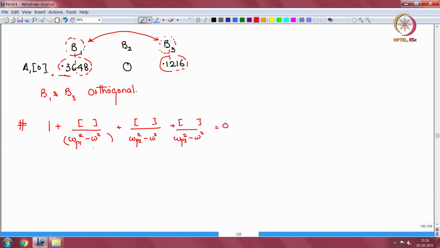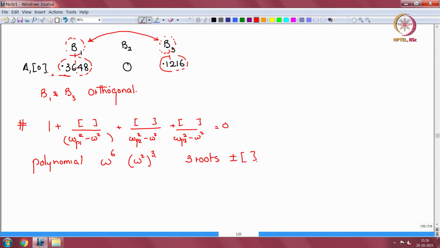If I multiply all the denominators and find the LCM, this is a polynomial with omega to the power 6, or rather omega square whole cube. So I get 3 roots, each of the form plus minus something.